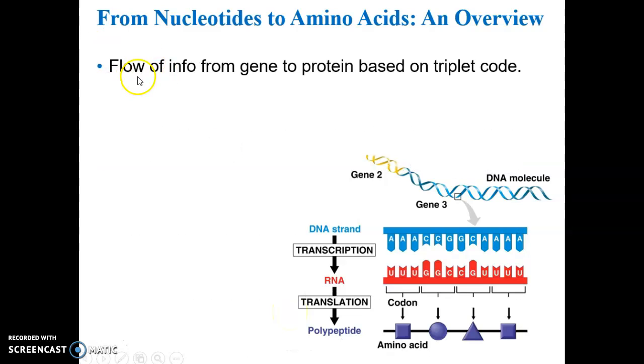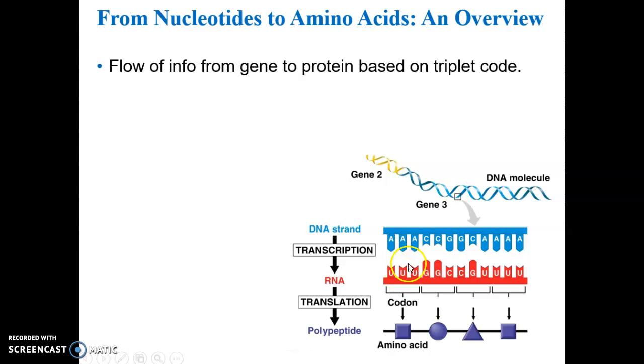So this is the flow of information from gene to protein based on triplet codes. So a triplet means 3s. Look at this diagram here. You have 3 nucleotides on the DNA molecule or the gene, 1, 2, 3.